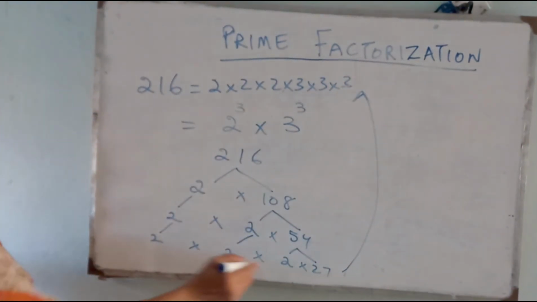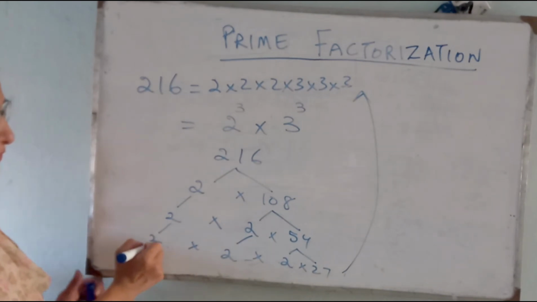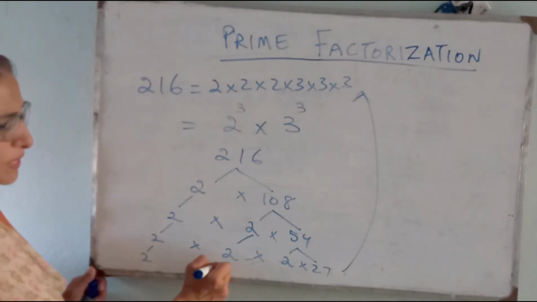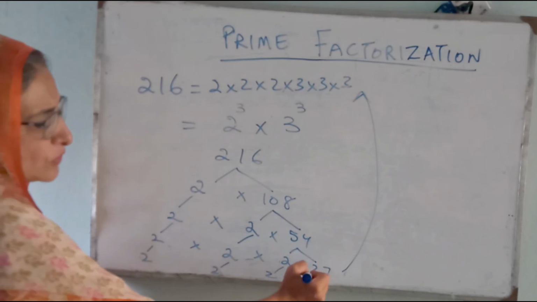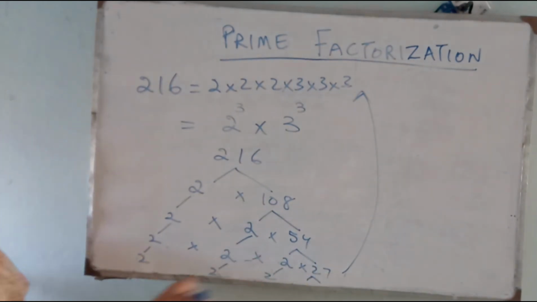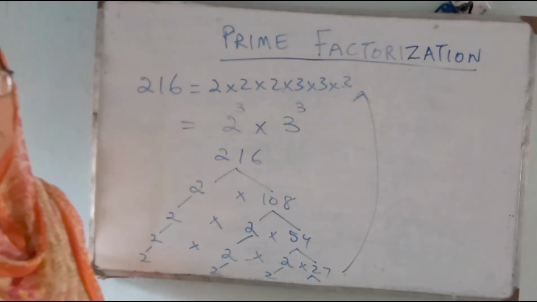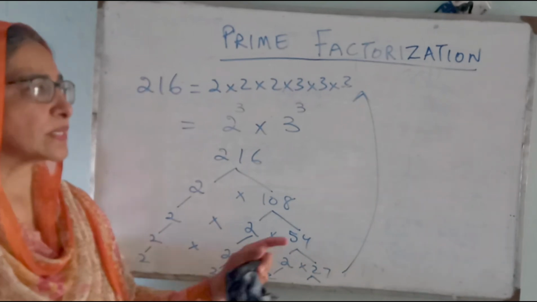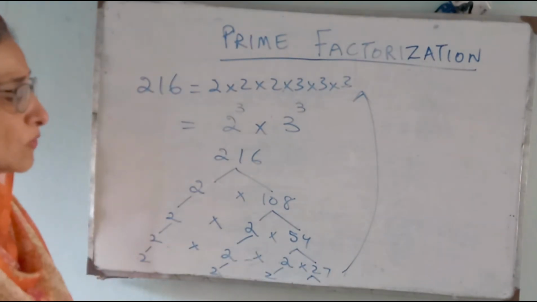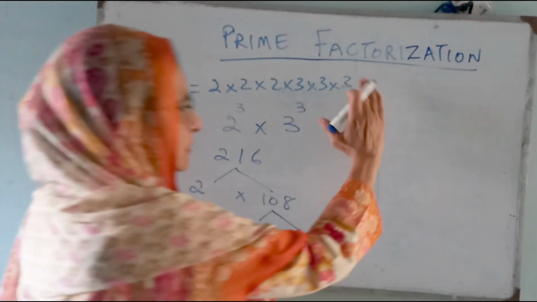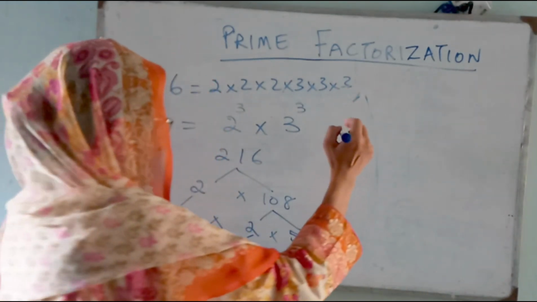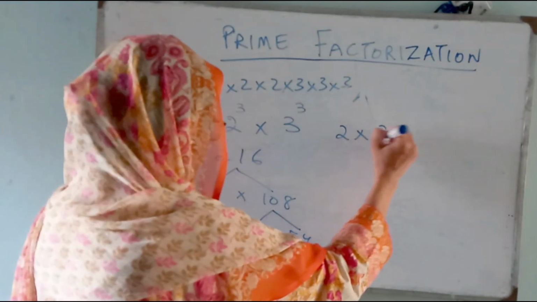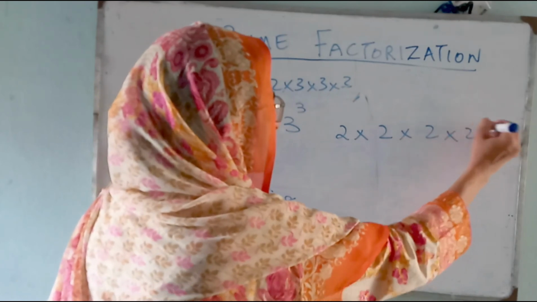You will keep on doing this until in the end you get these 3 numbers, which we cannot divide further. They are going to come as it is. And for this 27, you are going to take 2 branches, and then do it till the end where you cannot divide it further. Sorry, let me show you that the factors are 2 multiplied by 2 multiplied by 2 multiplied by 27.